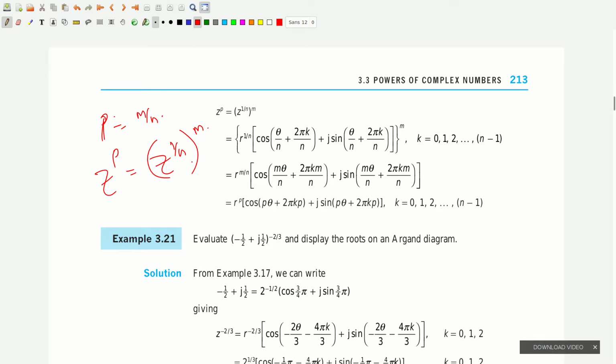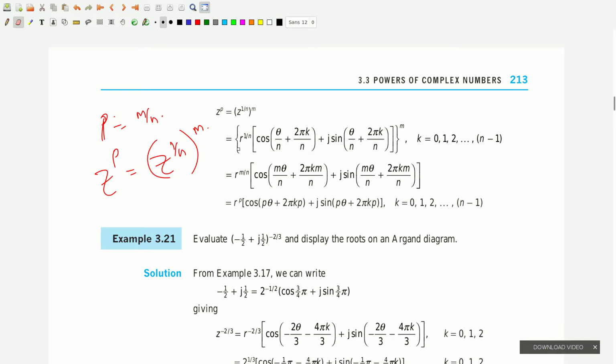What we have here in the brackets is what we have already seen. If we want to find z to the power 1/n, the nth root of z, it is r to the 1/n, then cos of theta over n plus 2 pi k over n, plus j sine of theta over n plus 2 pi k over n. That one we have already seen.